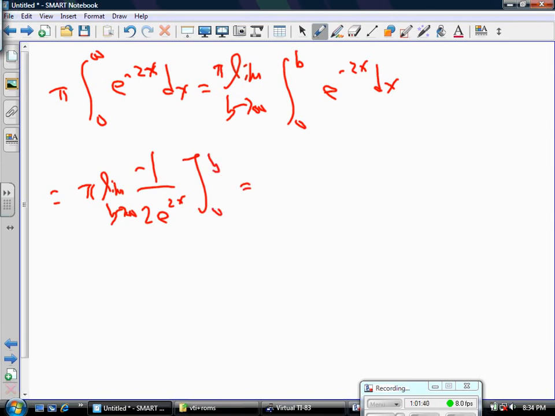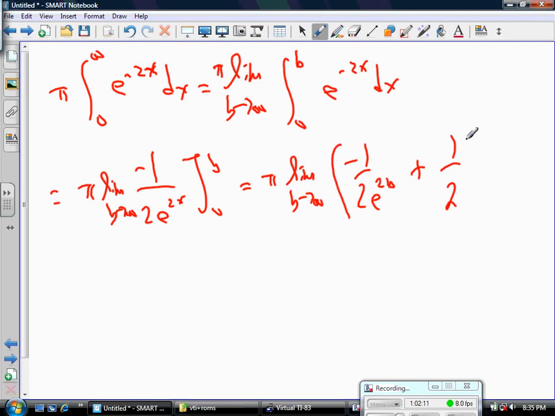All right, so what do you do next? Plug in b. Right, okay, so it's pi times the limit as b goes to infinity of negative 1 over 2 e to the 2b, minus a negative is plus 1 over 2 times e to the 0, but e to the 0 is 1.